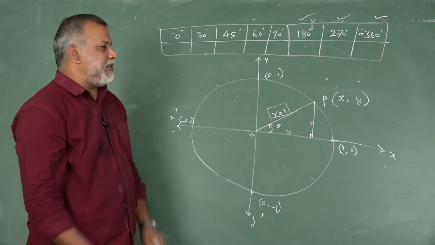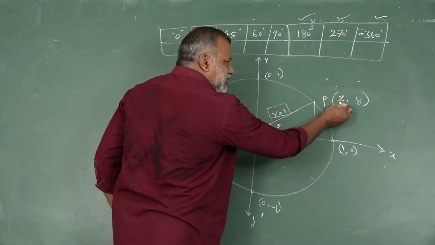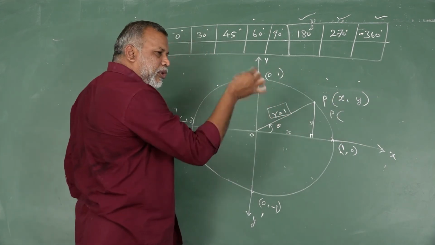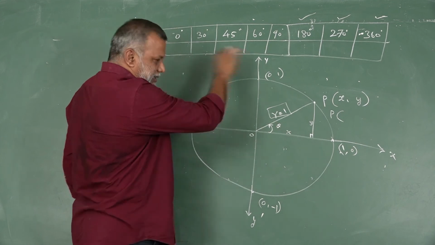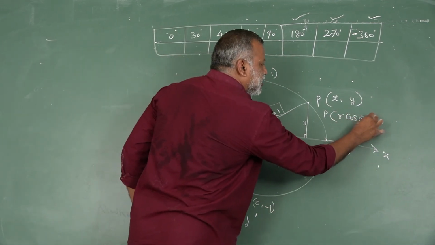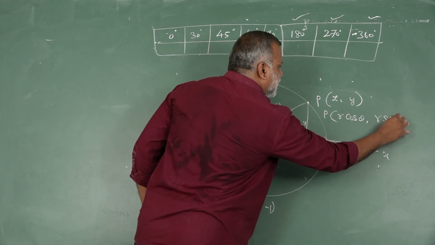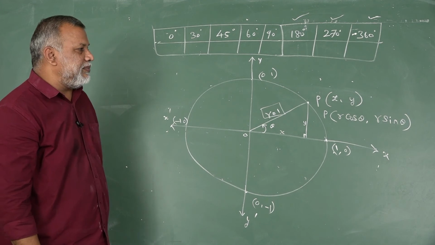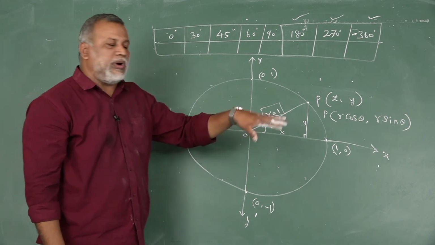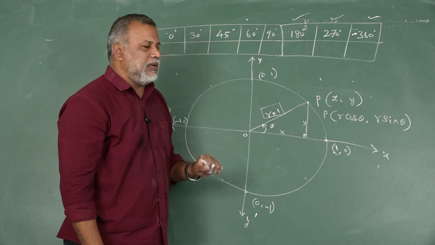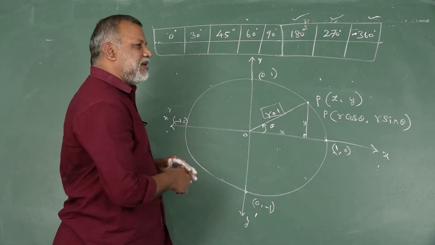The new concept is that we can write also in general, a point that lies on a circle is considered to be r cos theta, comma r sin theta. Any point that lies on the circumference of a circle is nothing but r cos theta, comma r sin theta.